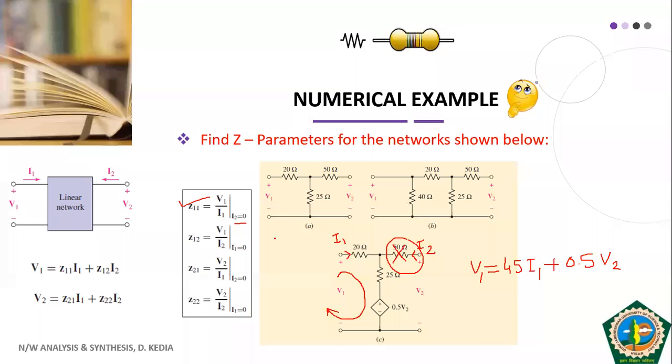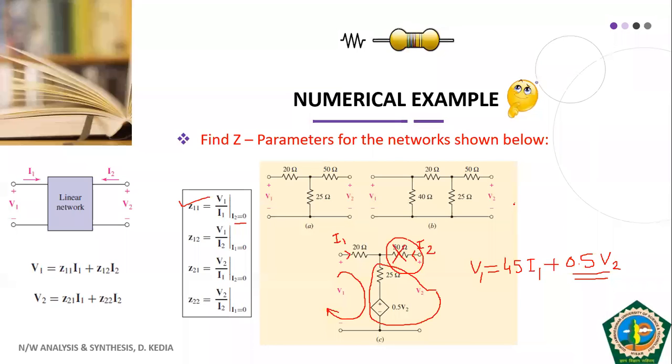Now we will be able to find out Z11 only when this term is not there. So we'll have to eliminate this term. So in order to eliminate this term, we need to substitute something for V2. So we have this outcome here, that this V2 is the voltage across this. Okay, and now through this 25 ohm resistance only I1 is flowing.